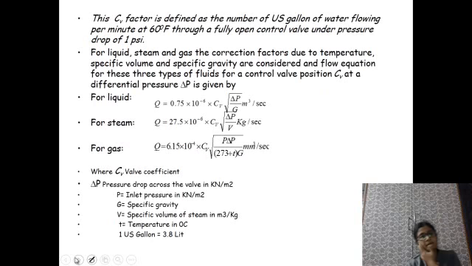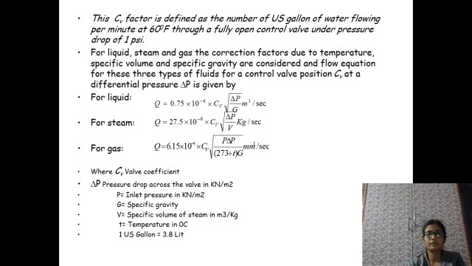This CV factor is defined, as per the standard definition, as the number of US gallons of water flowing per minute at 60 degrees Fahrenheit through a fully open control valve under a pressure drop of 1 psi.